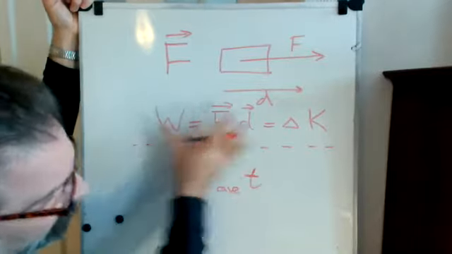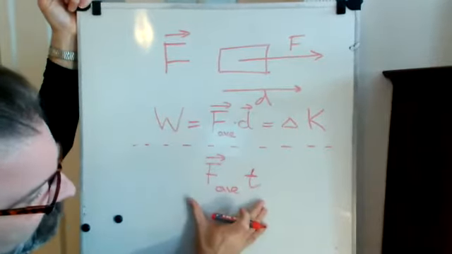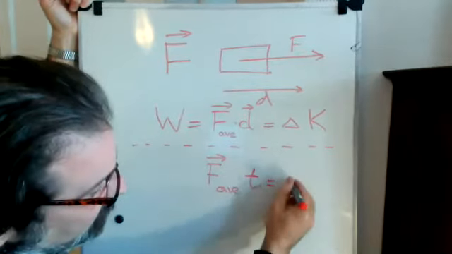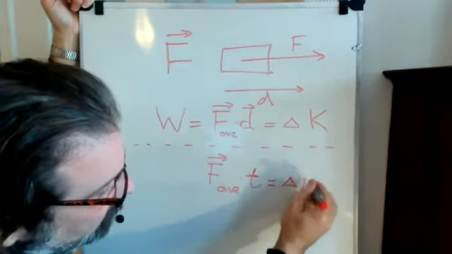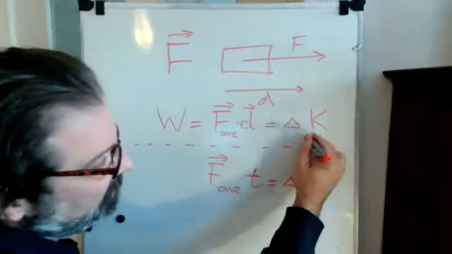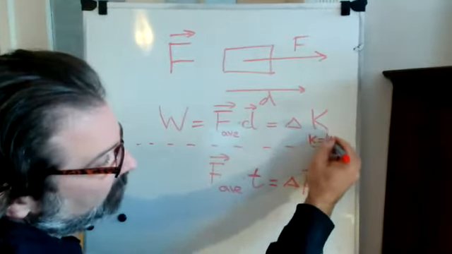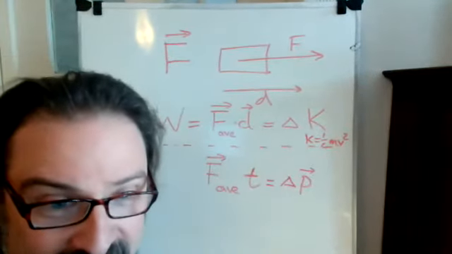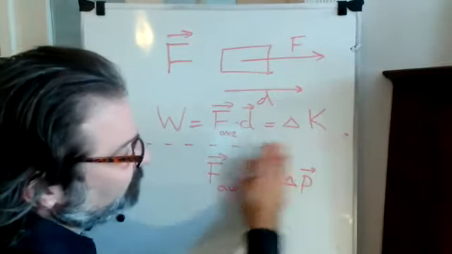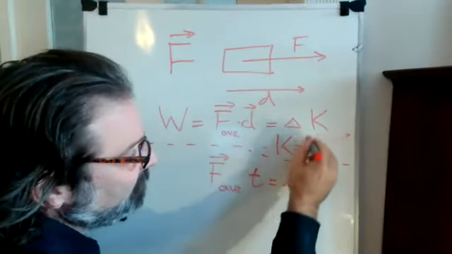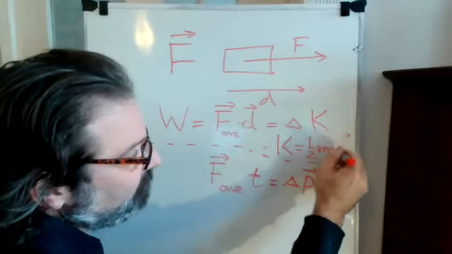So what does this mean? That means in parallel to this, we have two new concepts. First of all, we're changing something, and that thing we're changing, we're going to call momentum. Just like we had kinetic energy before, K is 1/2 mv squared.